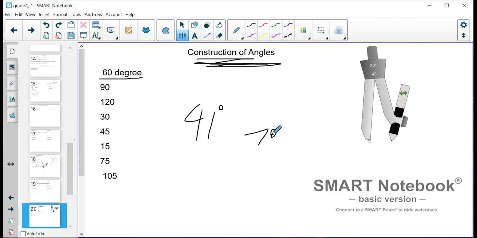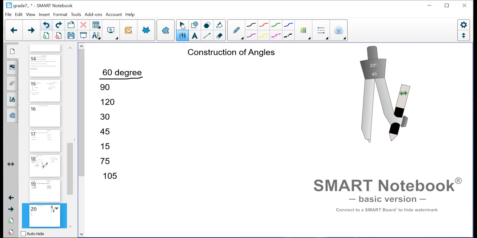Likewise, a 70 degree or 122 degrees or 7 or 61 or 131, right? Those angles are very difficult to construct. So if you are given angles like that, then you use your protractor and obtain those angles.